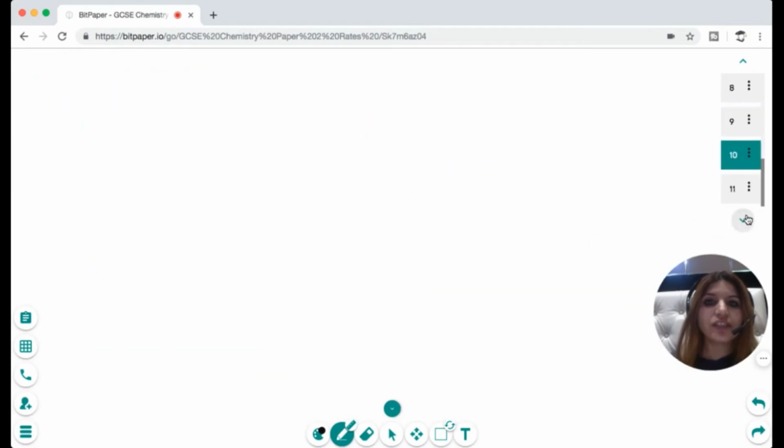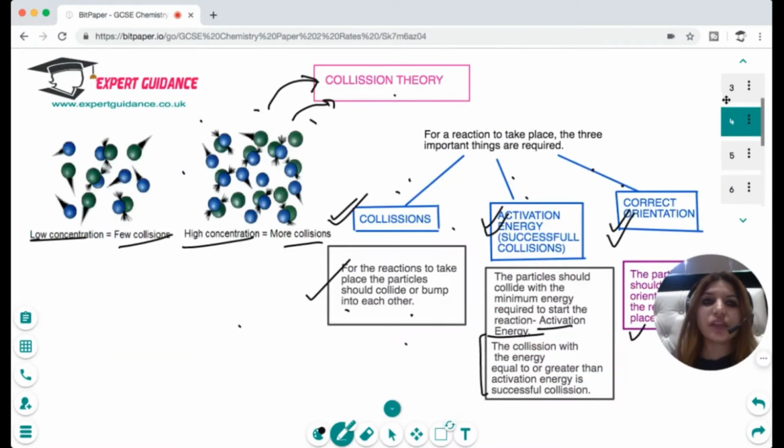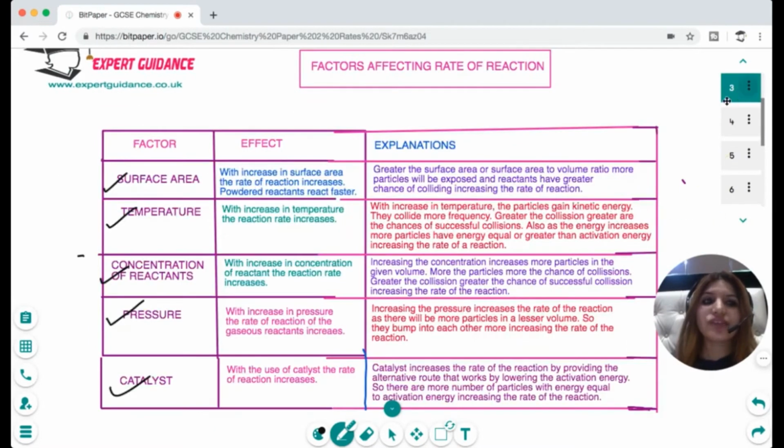When we increase the concentration, the rate of the reaction increases. Why does it increase? Because there are more particles, more collisions, and more chances of successful collision, so greater the rate of reaction.